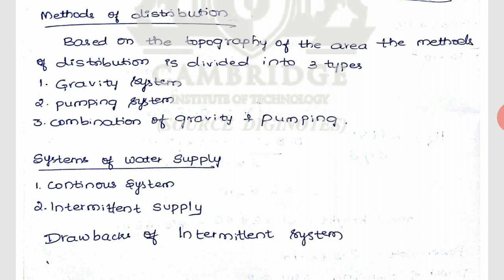Based on the topography, sometimes undulating terrain will be there. Undulating means sometimes a higher altitude, meaning hillock and slope, and a valley portion. Again the hillock will be there. In this case, 2 hillocks and 1 valley.